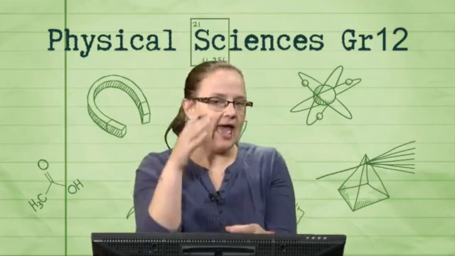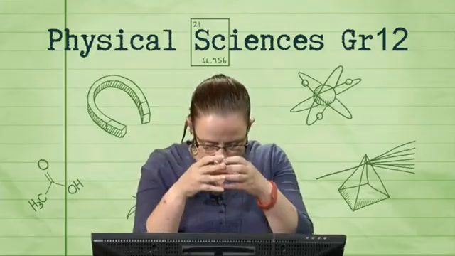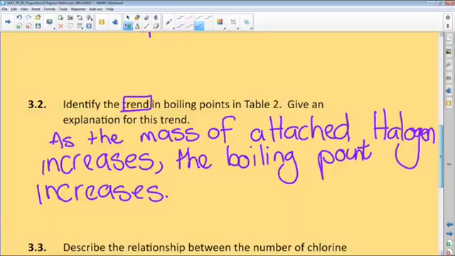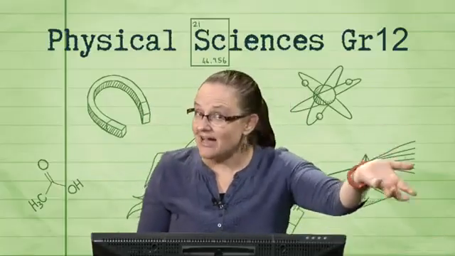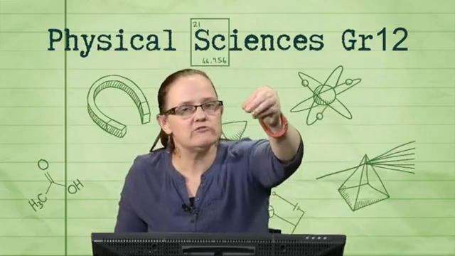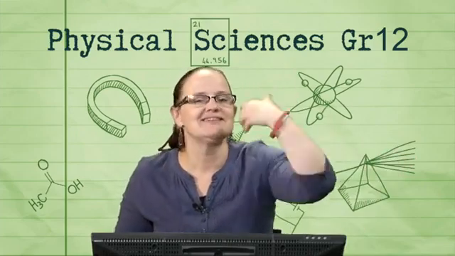However, as the size of the halogen that we are attaching to the carbons increases, the surface area is increasing, okay, and the molecular mass is increasing. This increases the strength of the intermolecular forces. Thus, the energy required to weaken the forces increases, okay?